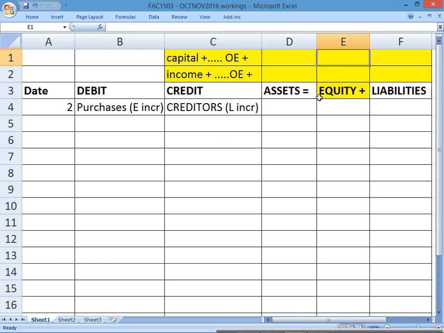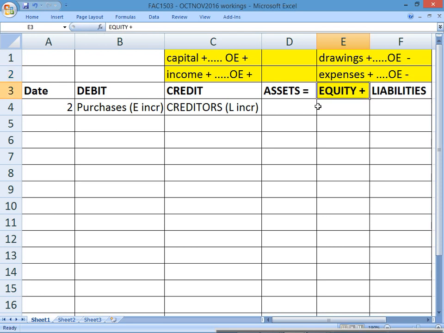Then we've got the other two. If drawings increases, what's going to happen to owner's equity? Correct. The owner's not going to be entitled to more if they're drawing. So the more drawings you have, the less owner's equity you've got. Straightforward. We spoke about that last time. Just revision. Expenses. If expenses go up, what's going to happen to owner's equity? It's going to decrease.